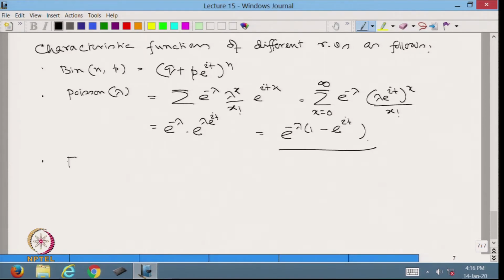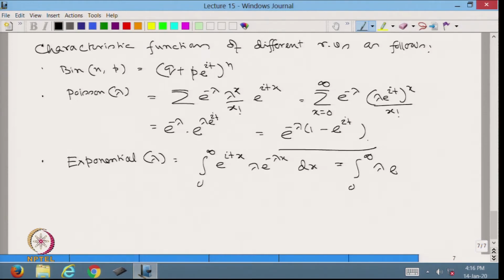Similarly, for the exponential random variable, this is going to be 0 to infinity e to the power i t x lambda e to the power minus lambda x dx, is equal to 0 to infinity lambda into e to the power minus lambda minus i t x dx, is equal to lambda upon lambda minus i t.